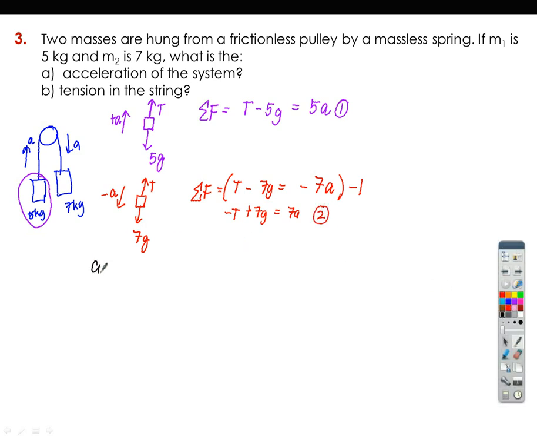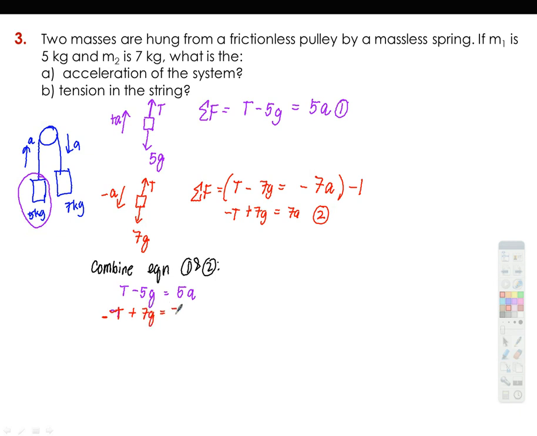Okay, next, combine equation 1 and 2. Alright, so T minus 5g equals 5a, that is our equation 1. Equation 2 is negative T plus 7g equals 7a.